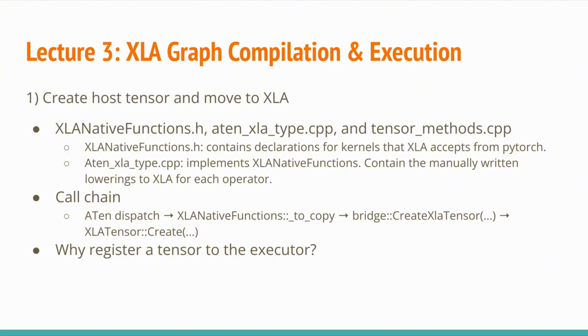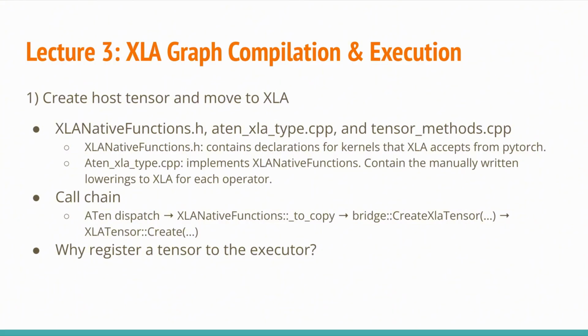Some workflows need to know the tensors by device. For example, sync all the tensors on device XLA 0. Most of the debugging and dumping operations also need to know all the tensors that are managed by an XLA device. The registry is how the executor can enumerate them.